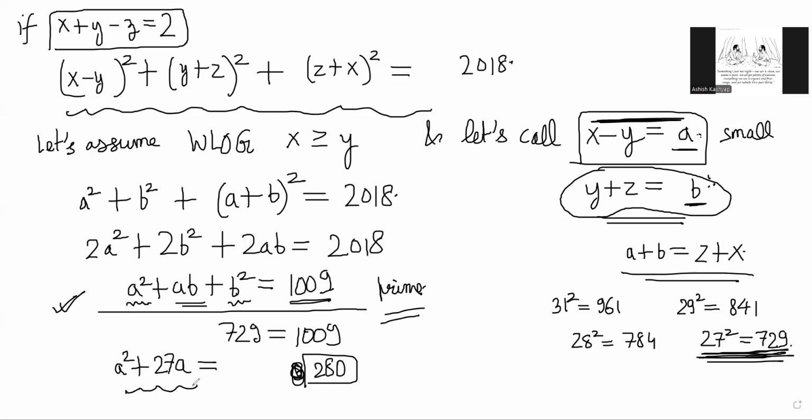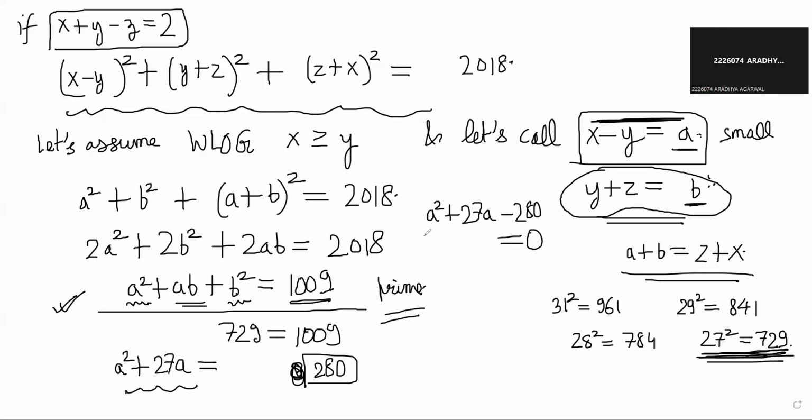For a, it is a square plus 27a minus 280. So you are getting a solution with what? I did a mistake. Plus you have 800 and 320, 1120, right?